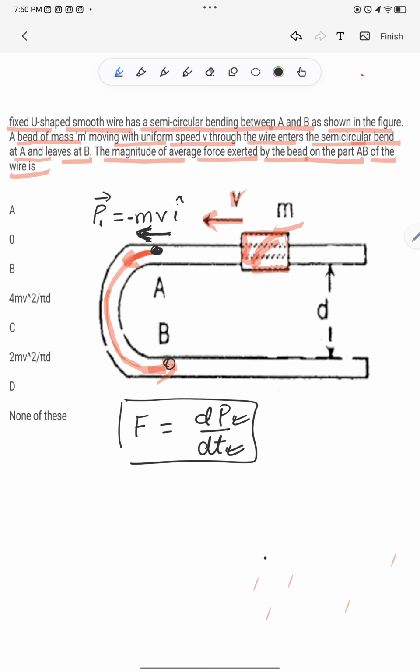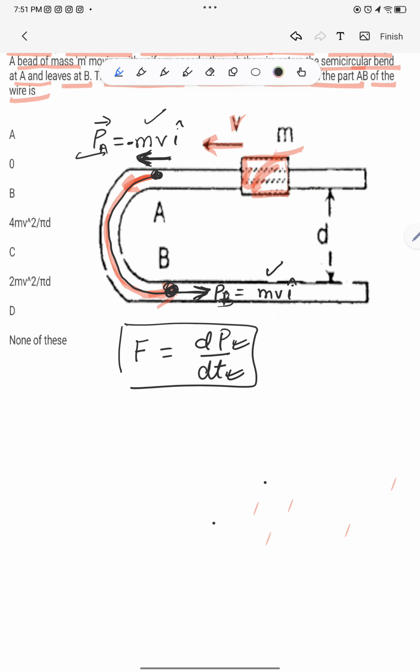When it comes along the semicircular path and reaches point B, its momentum is towards the right, so the final momentum pf is mv i cap, positive. So at A the momentum is negative and at B the momentum is positive.